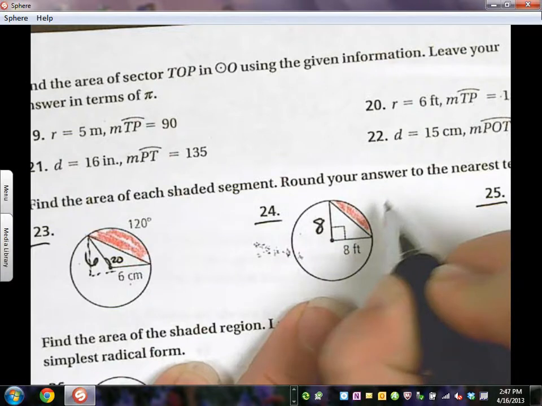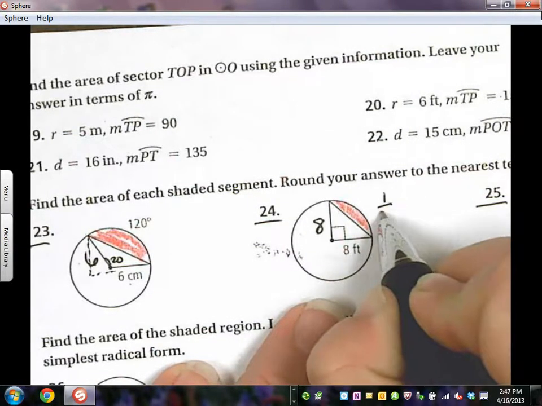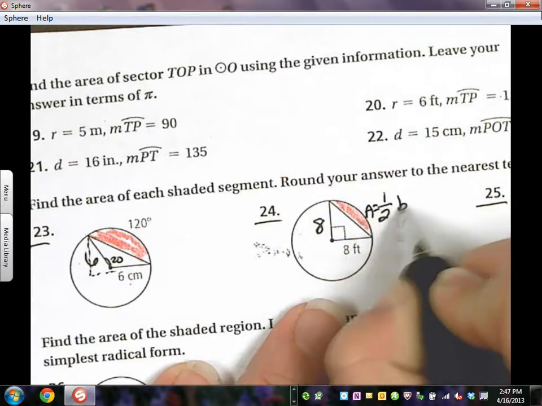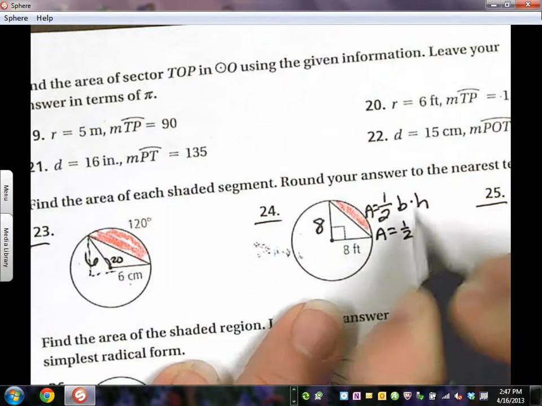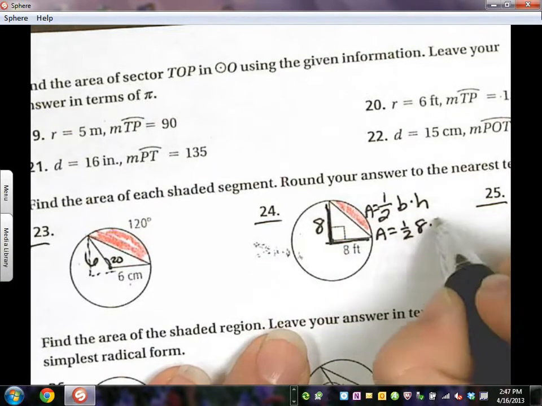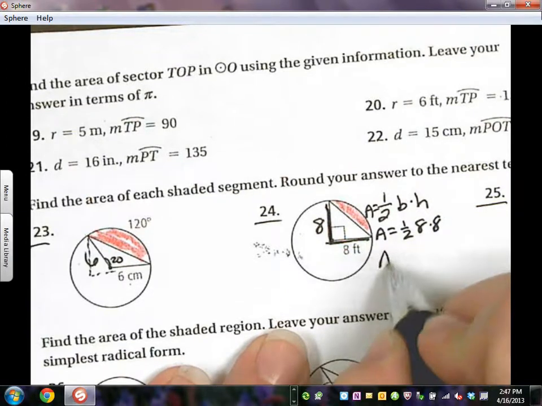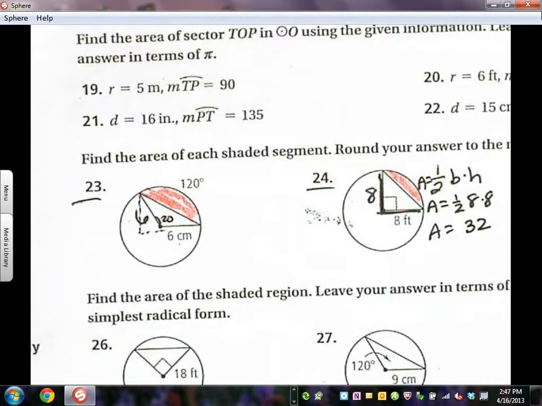Okay, I got it. So I've got to find the area of the triangle. The area of a triangle is 1/2 the base times the height. So the area is 1/2 the base, which is 8, times the height, which is 8. So area is 32. And if you put that all in the calculator, that's what you'll get.